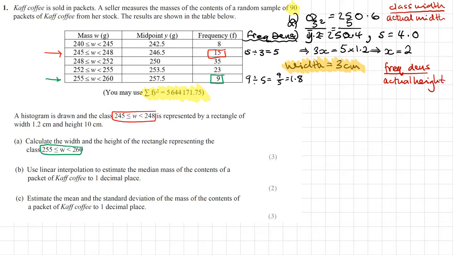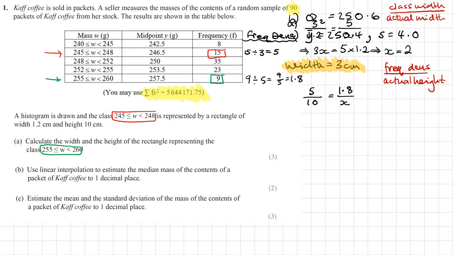Starting with the bar that we know, the 245 to 248 bar, that has a frequency density of 5 and an actual height of 10. The bar that we want to find the height of has a frequency density of 1.8, 9 divided by 5, divided by the height that we want to find in centimeters.